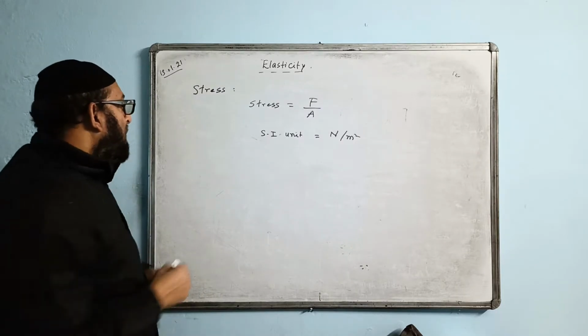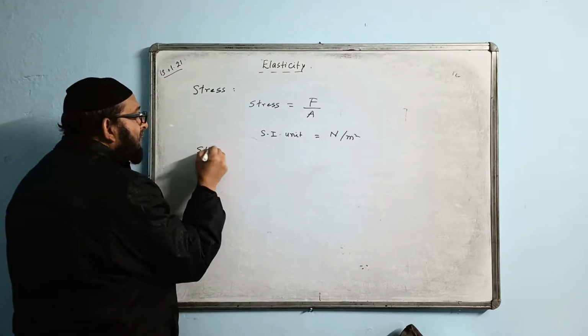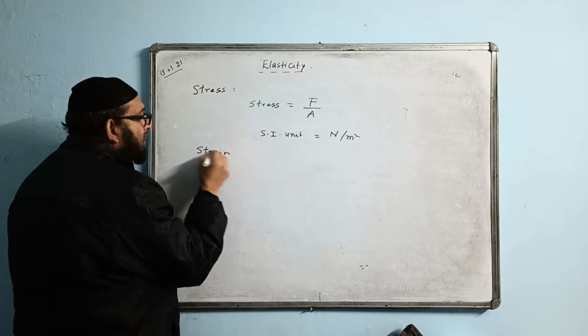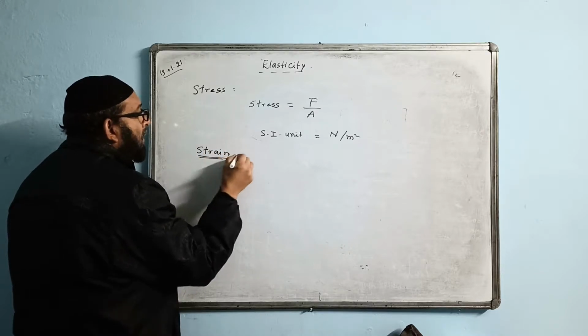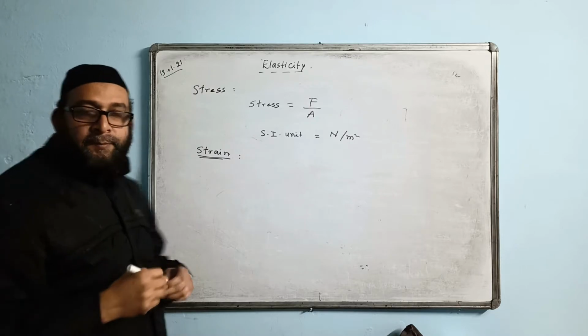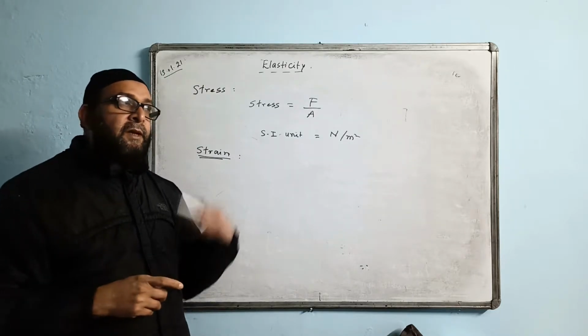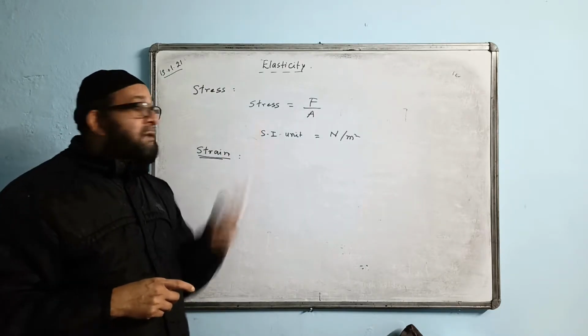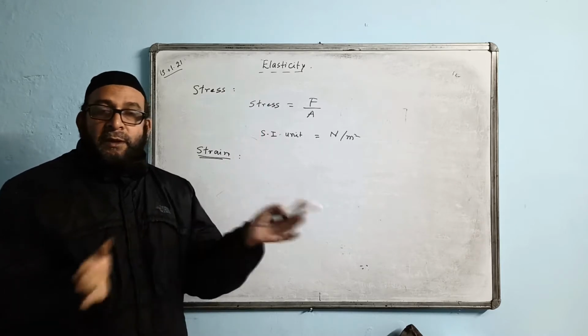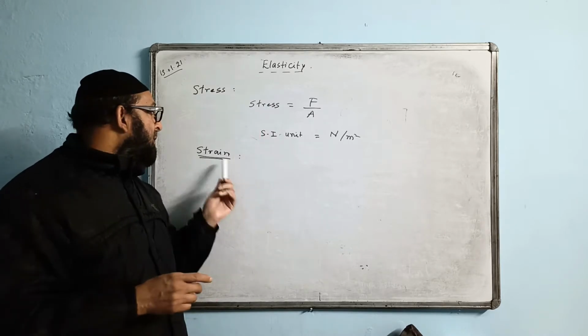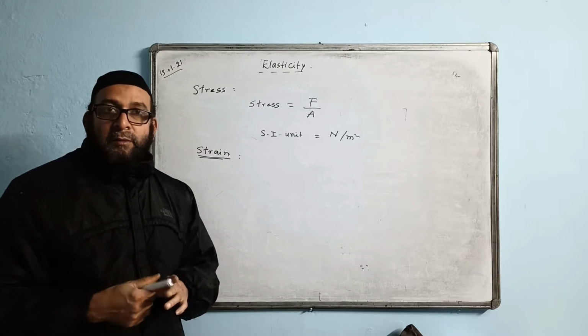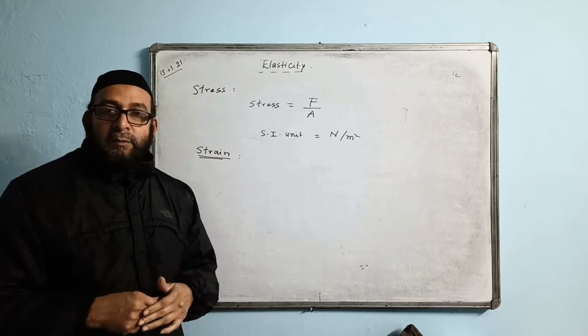Okay. Now the second quantity we define here is strain. What is strain? Strain means with respect to the stress, how much is the change in dimension taking place? That means it is the ratio of change in dimension to the original dimension.